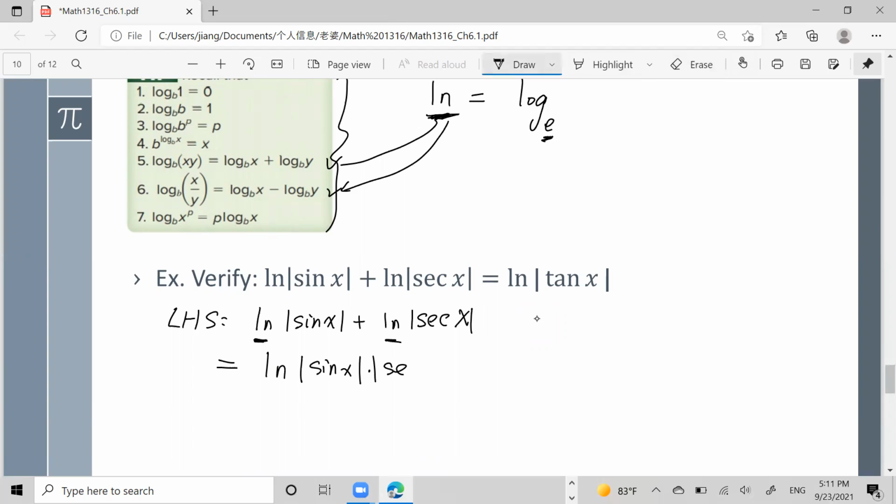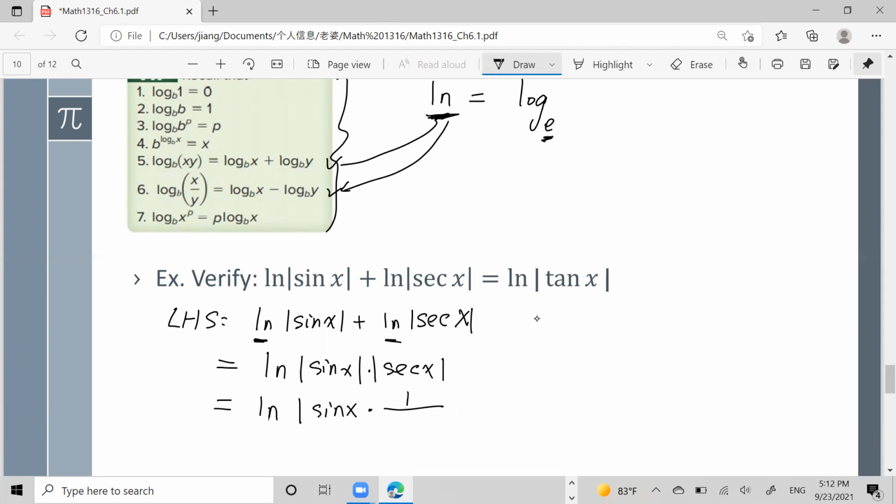Okay, secant x. And do you still remember secant is the reciprocal of what trig function? That's cosine. So sine x times, since they are all absolute value, I can multiply them together.